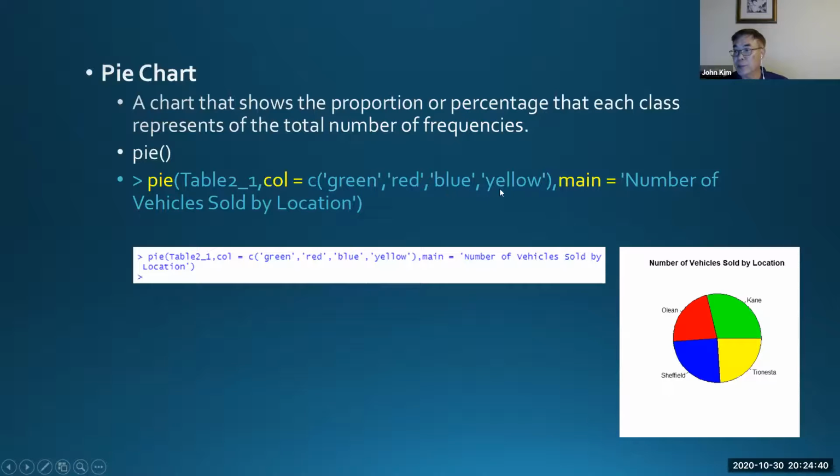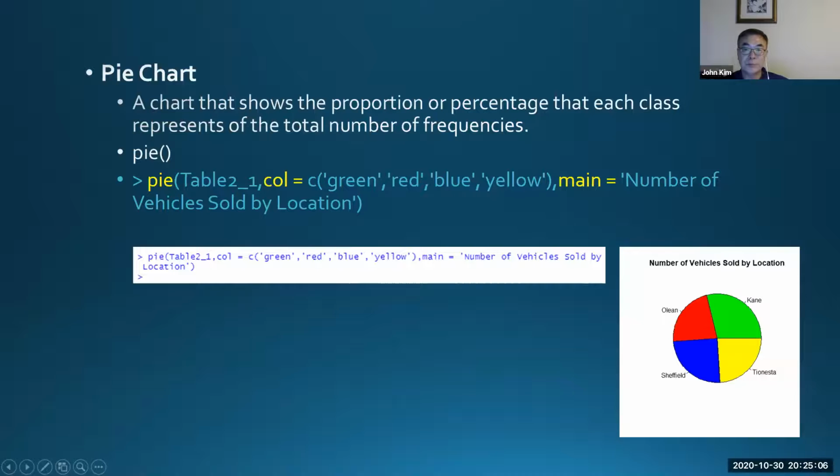If you need a color, include the color argument. And the main title: number of vehicles sold by location. Let's try without the color function.